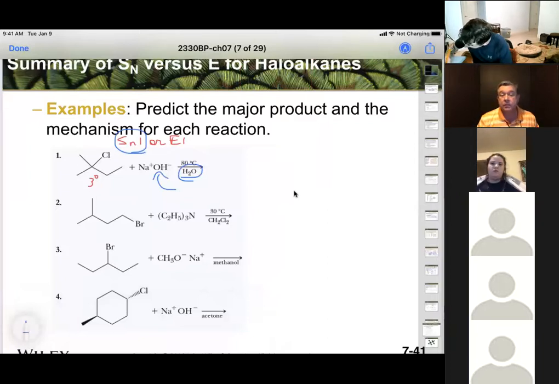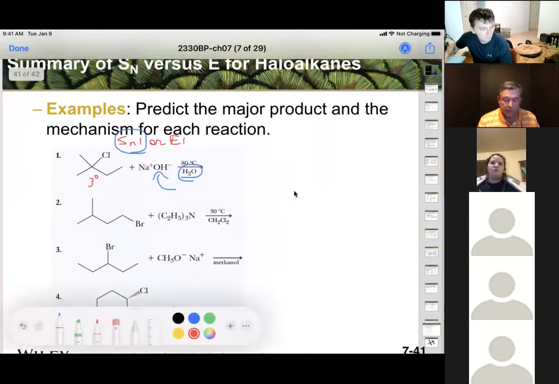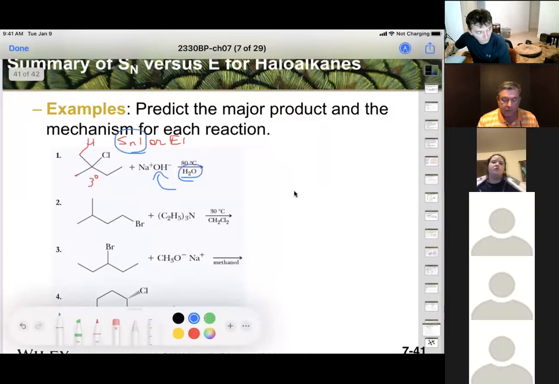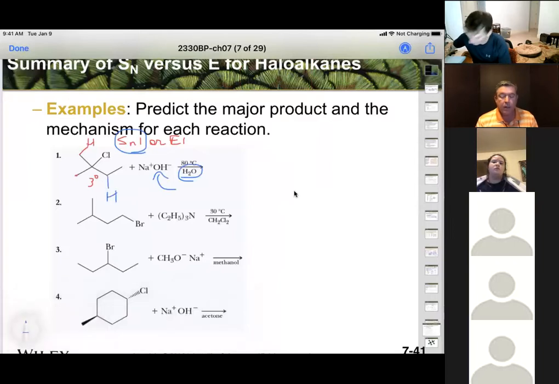Okay, so let's figure out where our elimination products are. We have to draw our alpha hydrogens here. We have that alpha hydrogen, which would be the same as the other carbon here, and we have another alpha hydrogen right here. So we're going to have two products because we have two different types of alpha hydrogens.